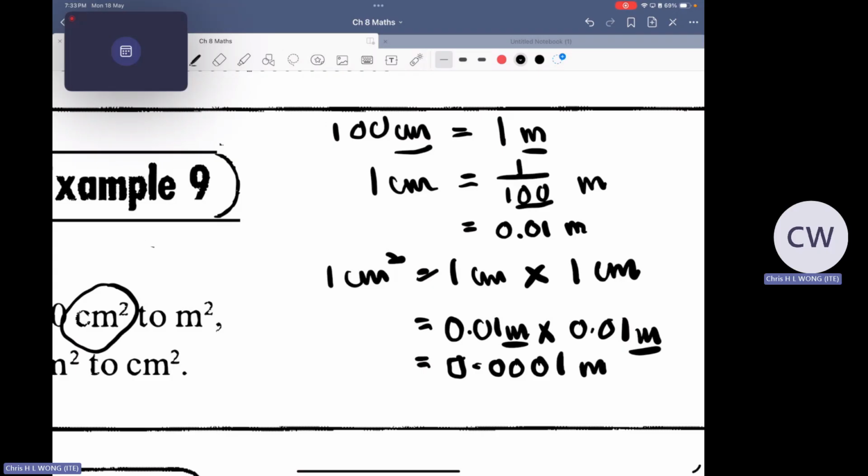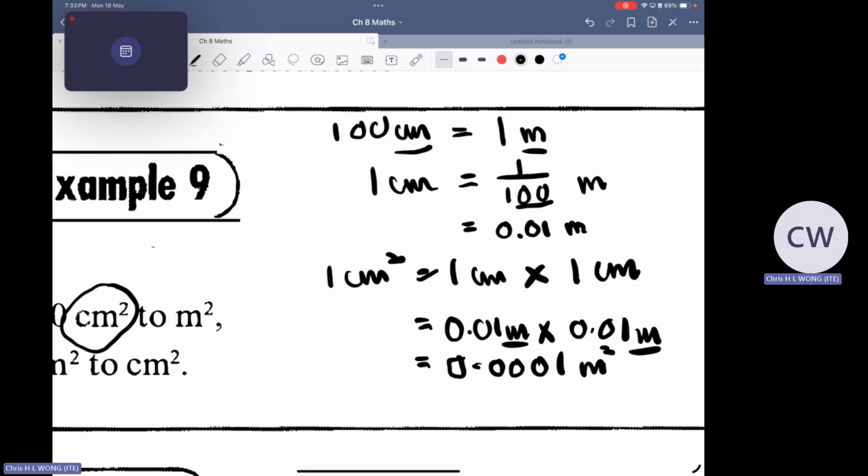So 1 cm square equals to 0.0001 meter square.